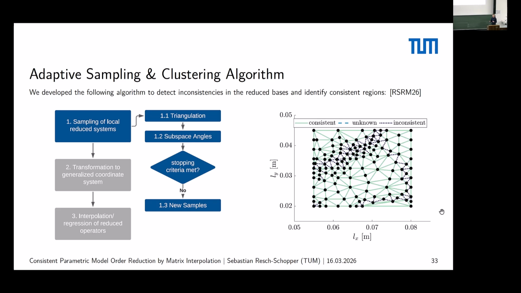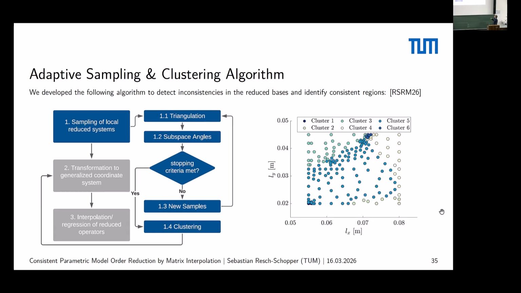So we can cluster them into one group, perform the pMOR just for these points, and then perform pMOR separately for all the points in the separate cluster. So just these labels in the connections directly give us the clustering, which you can see here. So as I said, we cluster these samples into one, and then we perform the pMOR by matrix interpolation for each of these clusters separately.